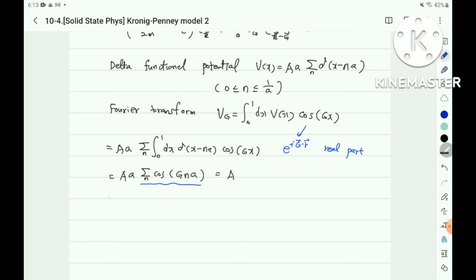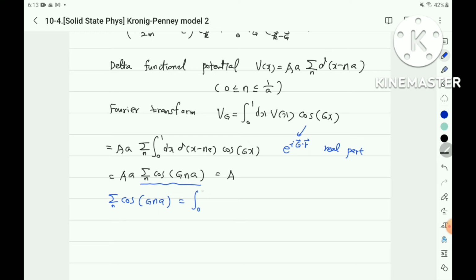The summation of cosine gna: because n is very large, this summation can be taken as an integral, since the quantum number n can be very large and can be regarded as a continuous value.